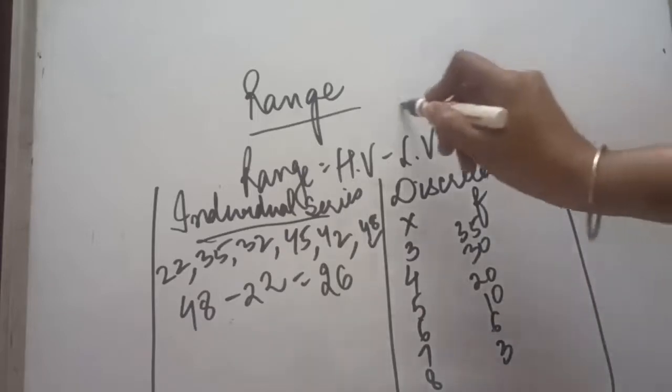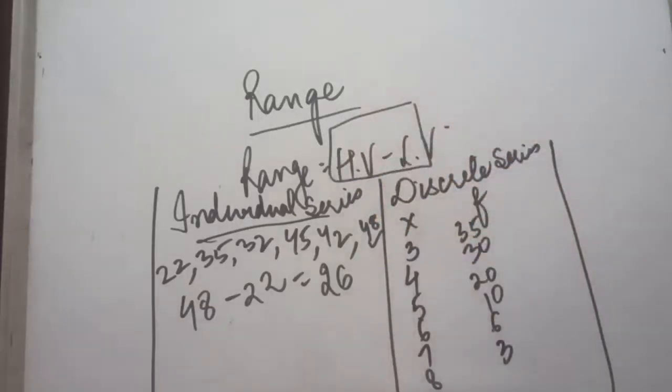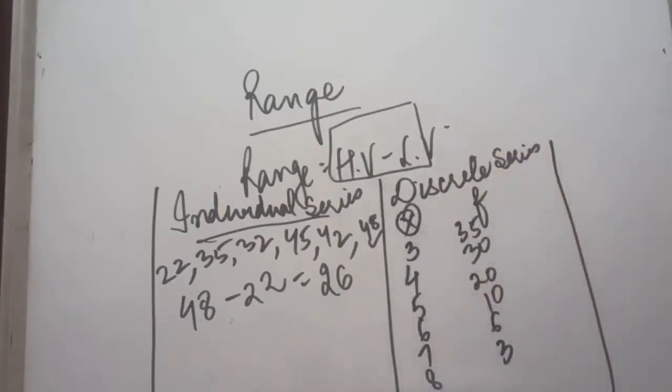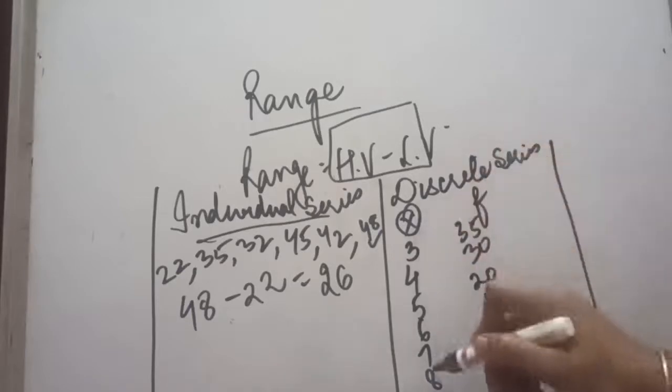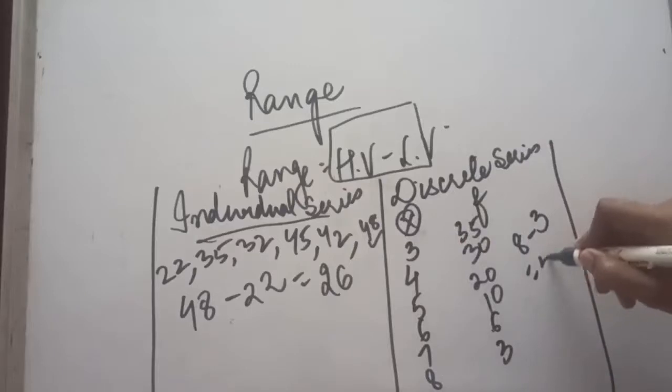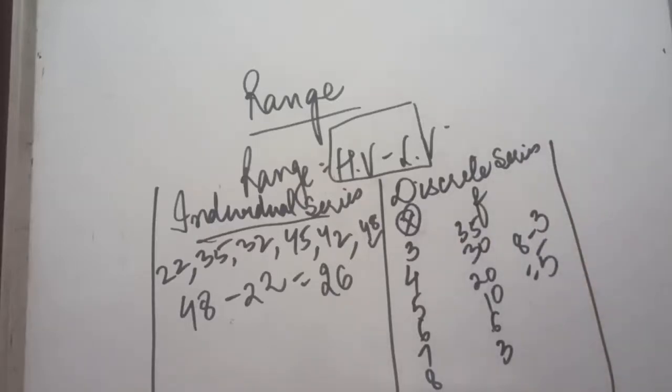Here also our formula will be the same, highest value minus lowest value. Here you take the highest value of x, and frequency will be fully ignored. The highest value in x is 8 and the lowest is 3. So our answer will be 5.